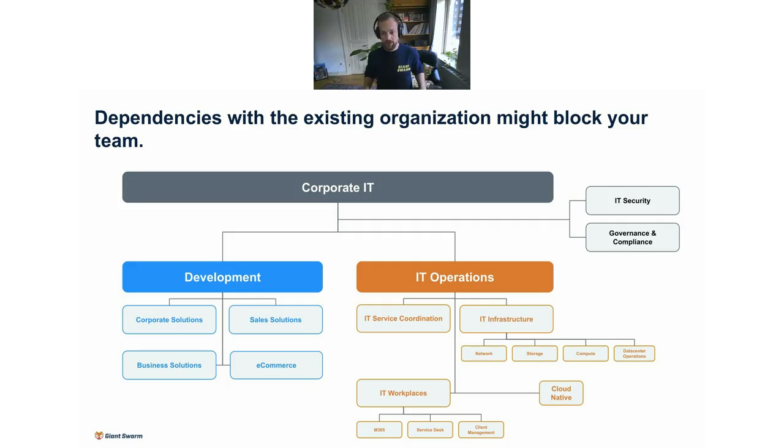This doesn't work because everybody has different priorities and different goals, and when the cloud native team is trying to develop something, they're always depending on, for example, IT infrastructure or IT security. So we have prioritization conflicts, which slow us down. We are waiting for information, for something to be done, or for concepts.